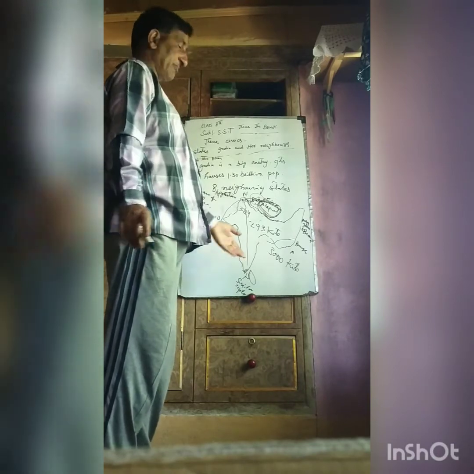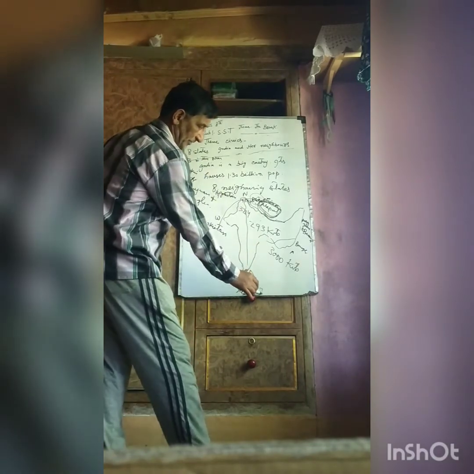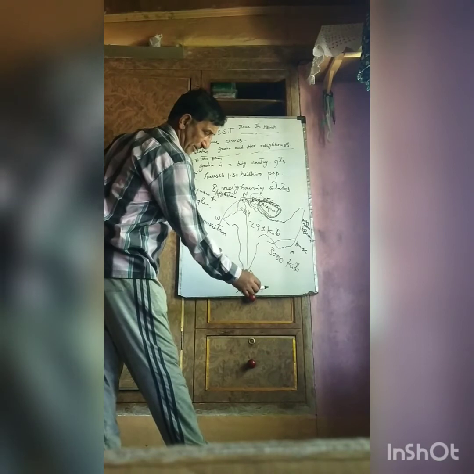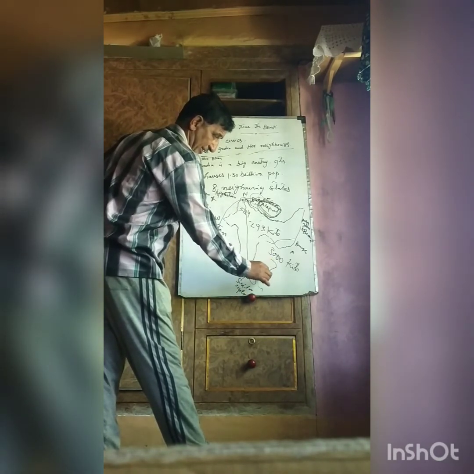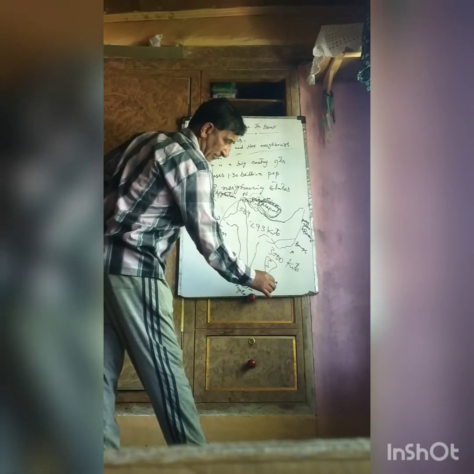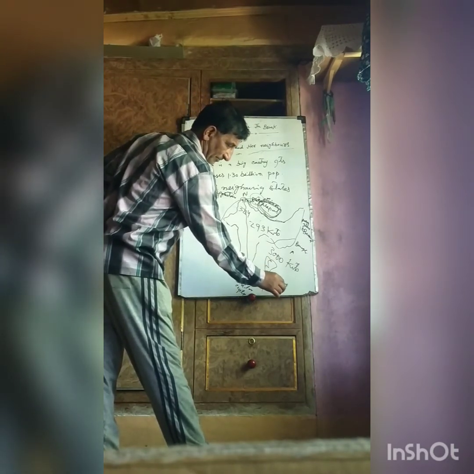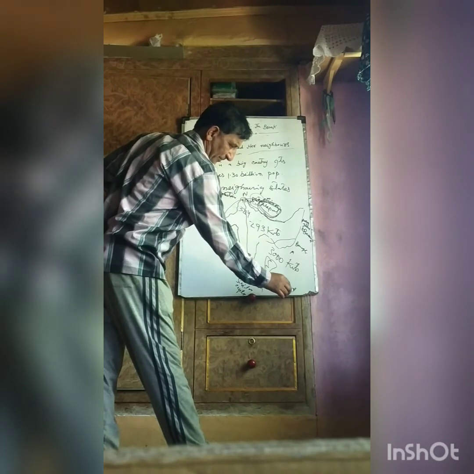Also 1 more is Maldives, some 100 kilometers away from India, in the Bay of Bengal. Maldives is also among the neighboring countries.